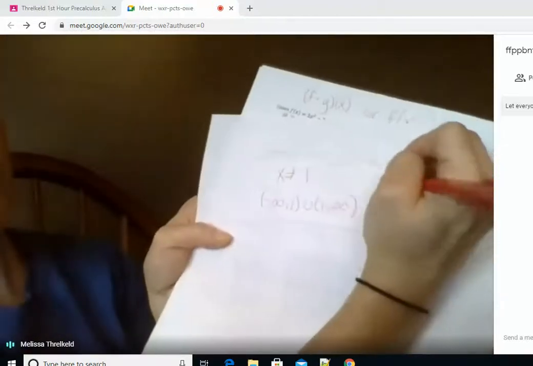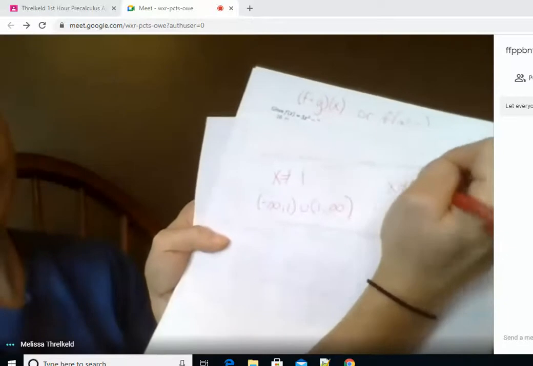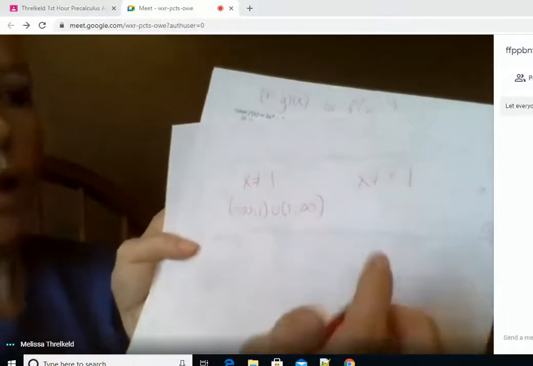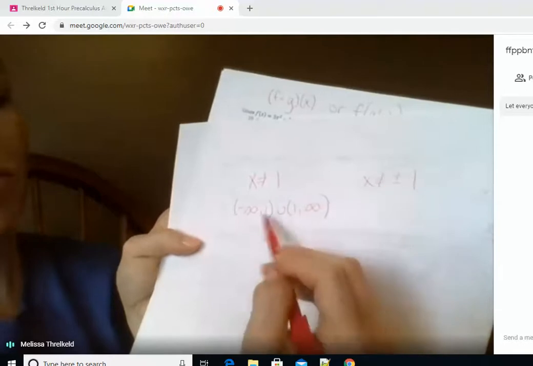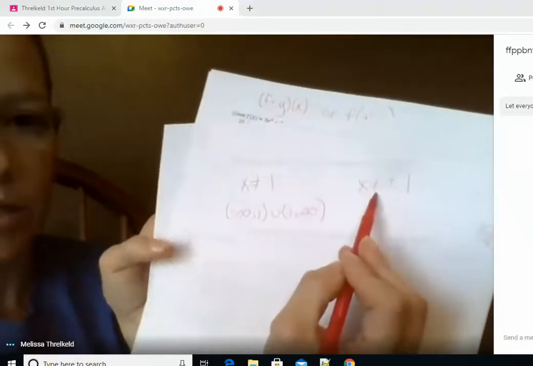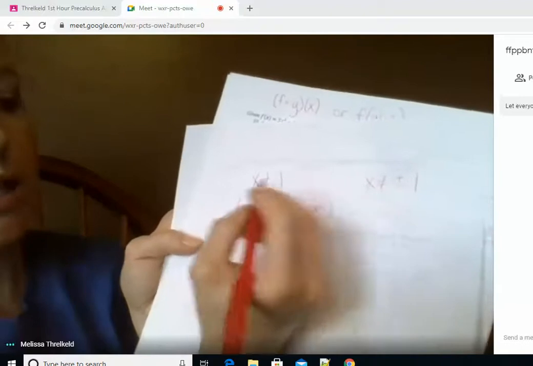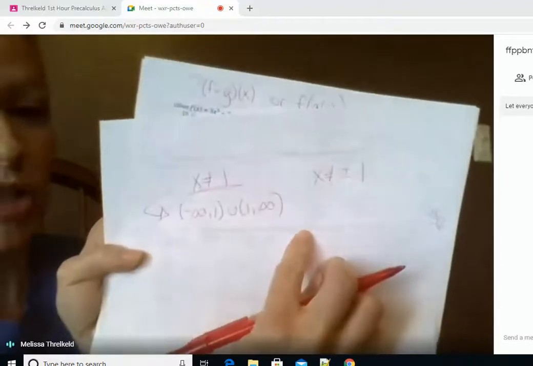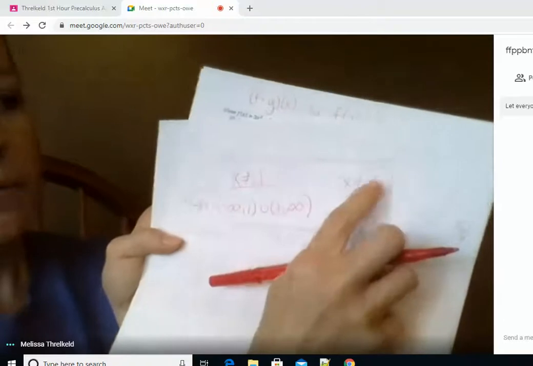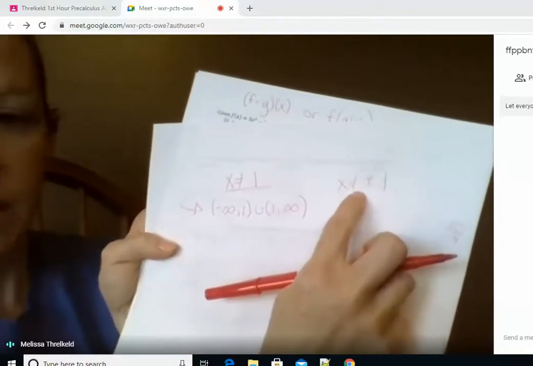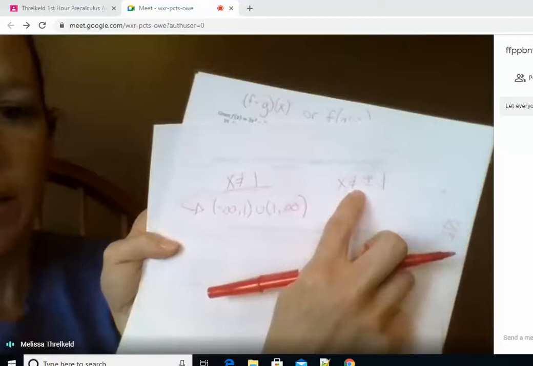If you solve it and you get more than one value, so let's say you get x cannot equal plus or minus 1, I have told you that you don't have to write the interval notation. I'm letting you leave it in this notation. So on the test, if it's just one value, you must go ahead and give me the interval notation. I'll count off if you don't. If it's more than one value, I won't count off if you just leave it as x cannot equal and list the numbers.